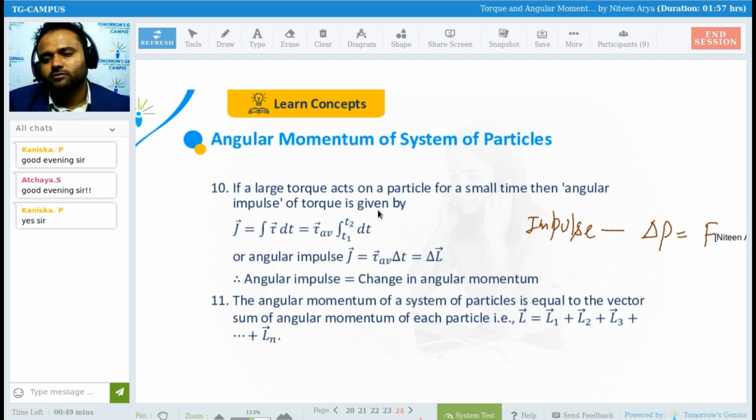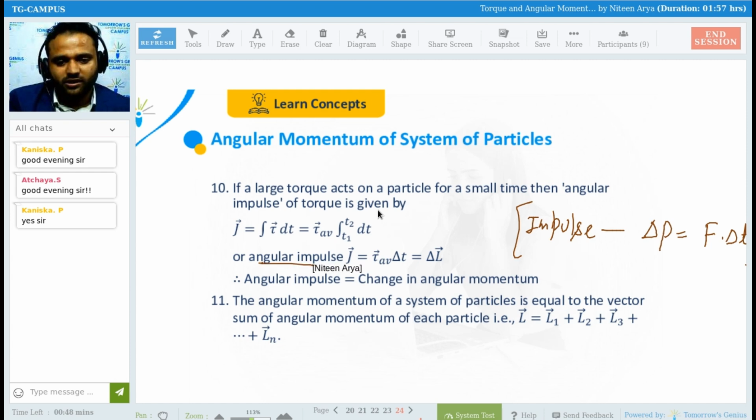Change in momentum is force into delta T. In the same sense, we have impulse in the angular or rotational aspect. So that is angular impulse J, torque average into delta T, that is the change in angular momentum. So angular impulse can also be defined as the change in angular momentum, like the normal impulse is the change in linear momentum. Clear?